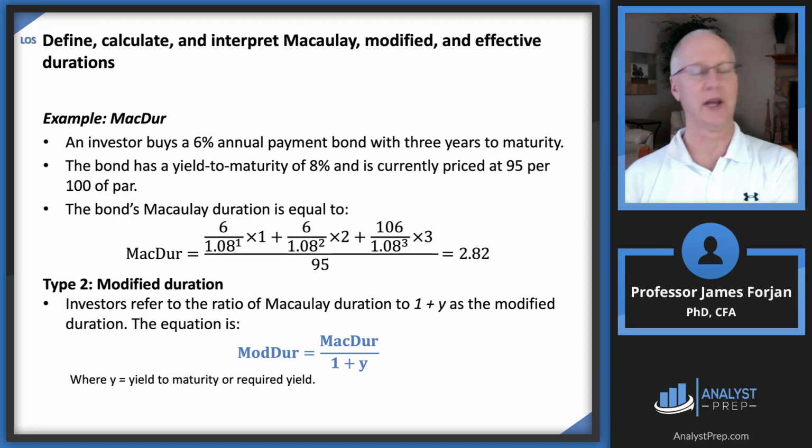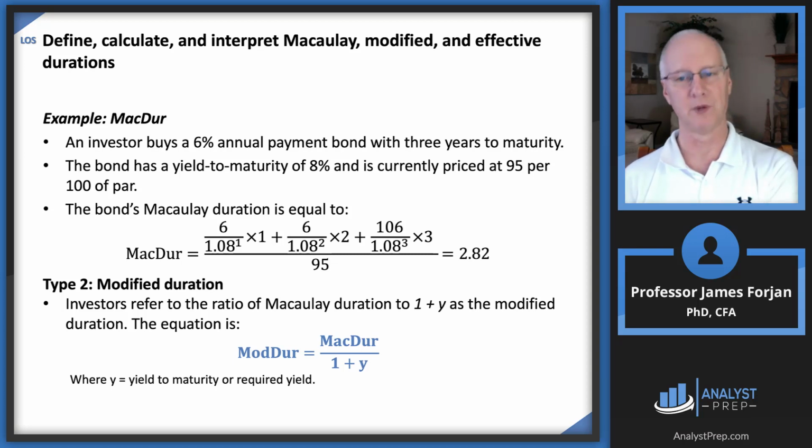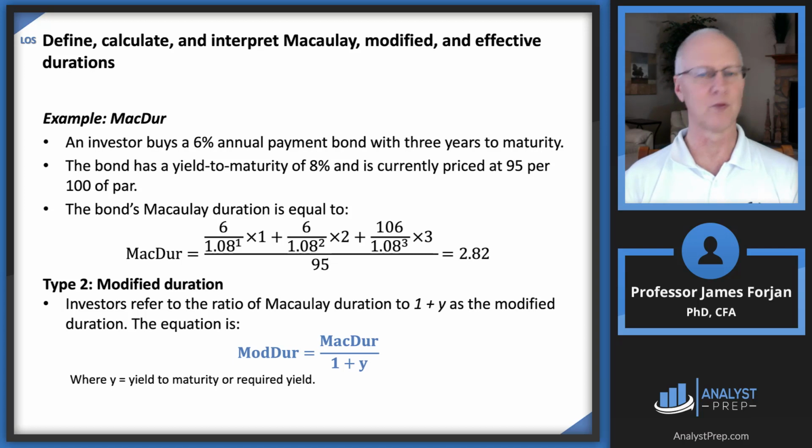And notice we're discounting it just like we do when we're computing the price of the bond, but we're going to multiply that present value of each coupon payment by the year in which it is received. So we multiply the first one by 1, the second one by 2, and the third one by 3. We're still taking present value. So we're dividing by 1 plus the yield to maturity raised to each of those powers. And then we're going to standardize it, or divide it, by its current price.